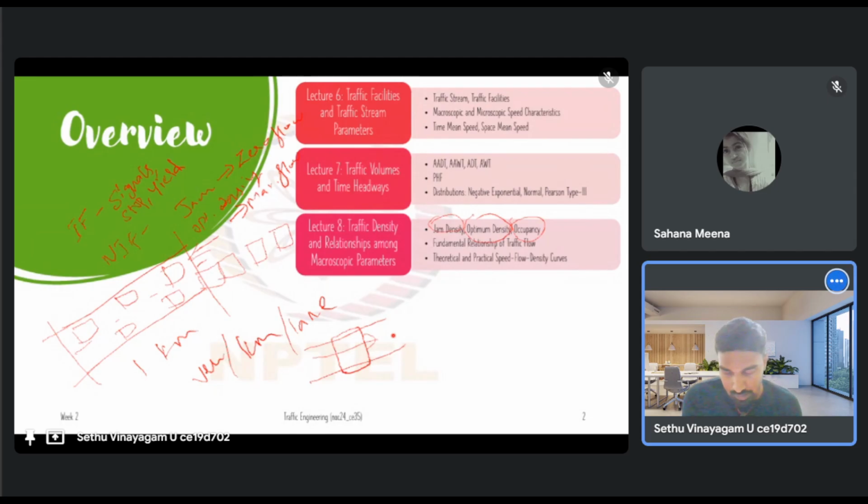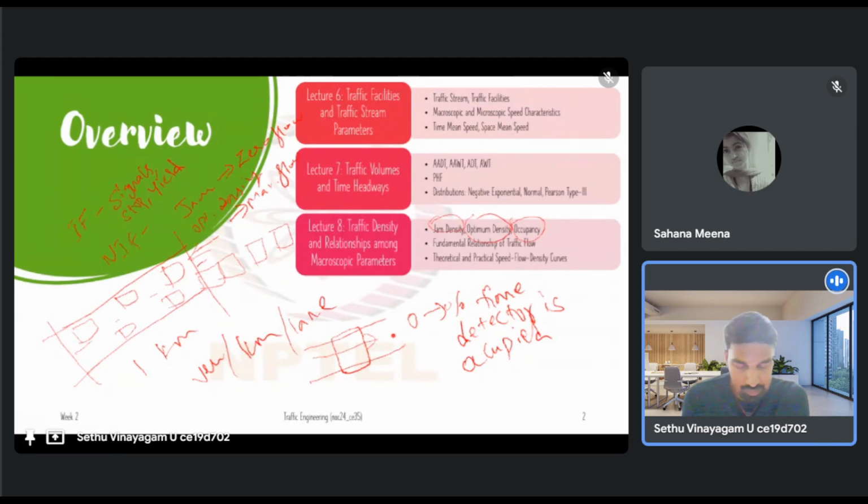Occupancy is nothing but the percentage of time the detector is occupied, right? So if we conduct this experiment for, say, 1 hour, and see how much time in that 1 hour a vehicle was present within the loop, that is your occupancy.